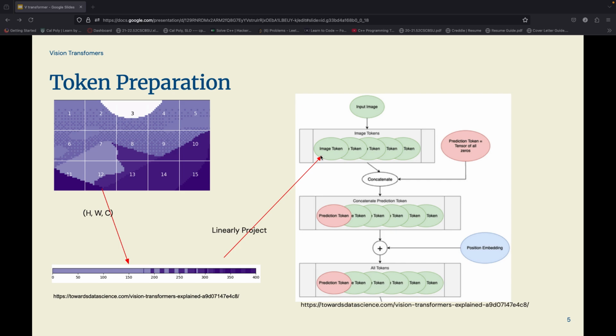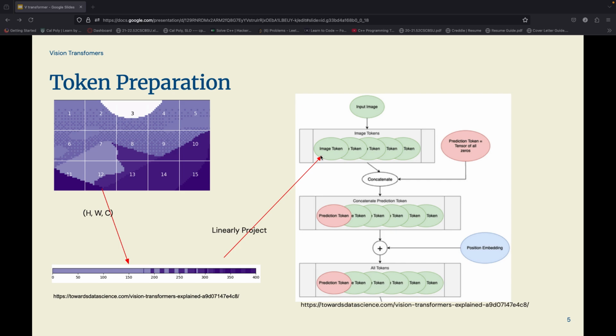With the image tokens, the team at Google borrows a technique from BERT, a bidirectional tool used for natural language processing.